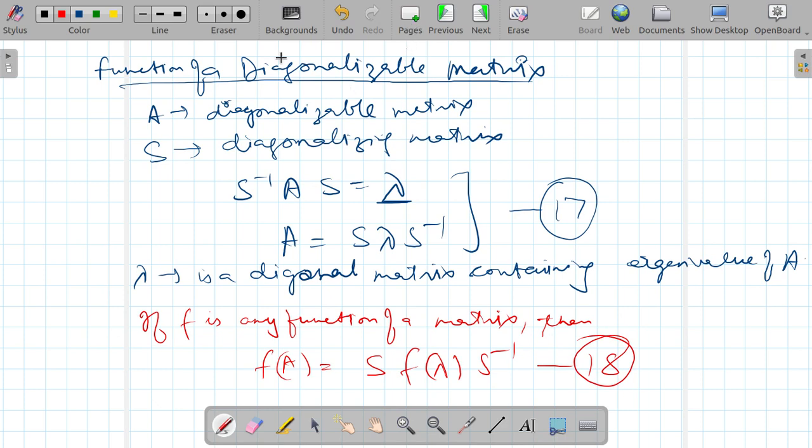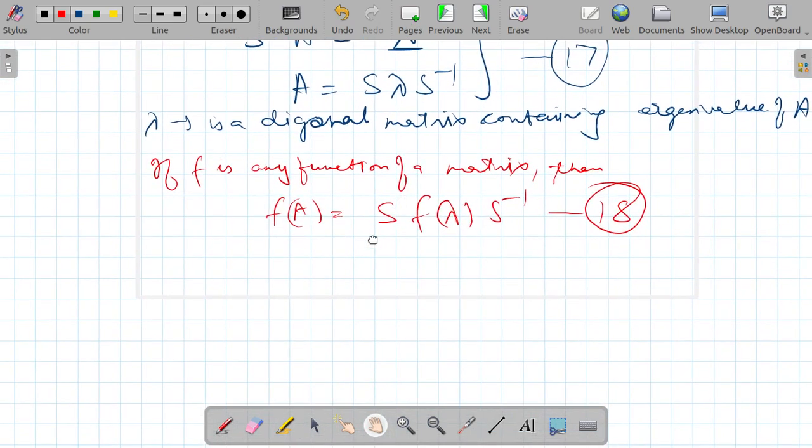Also, we know that any function can be written as an infinite series.